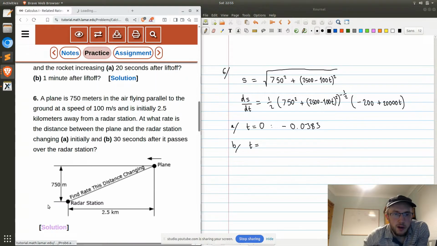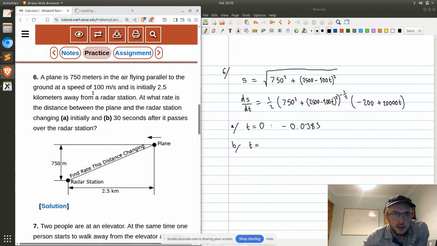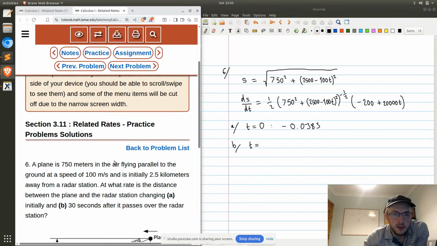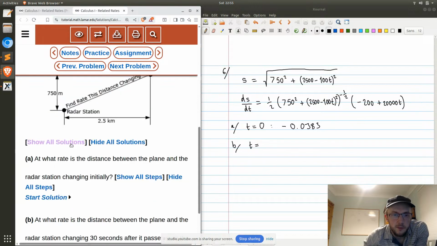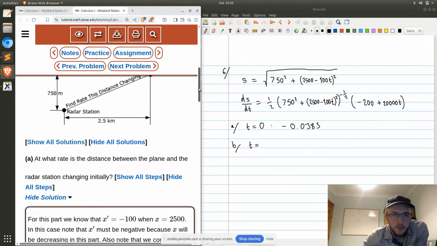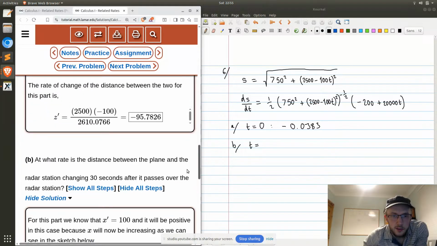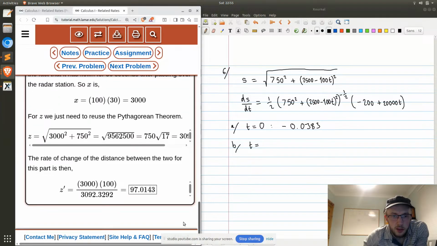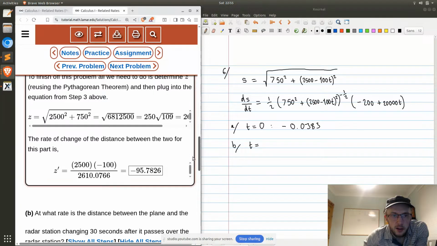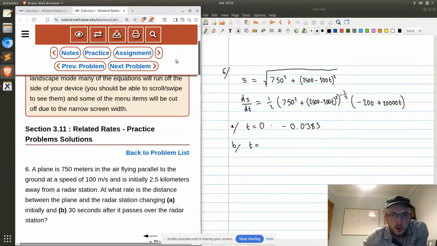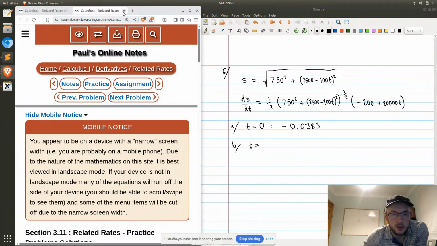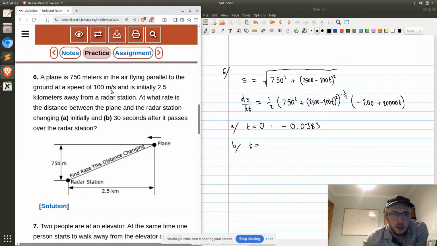Very quickly glance, just see if... Okay, we get a negative number there, and we get a positive number there. Okay, so I'm wrong. Oh, where did I go wrong?